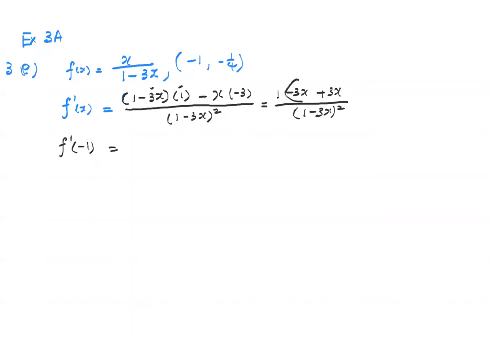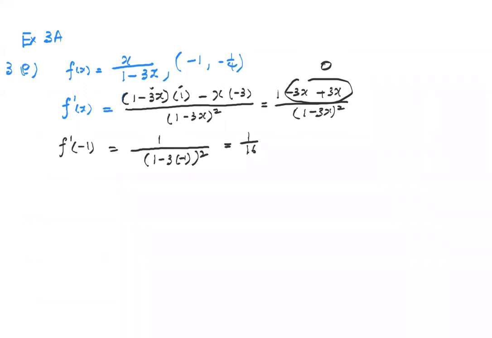This one becomes 0, so it will be 1 divided by (1 minus 3 times -1) squared. So I got 1 over 16.